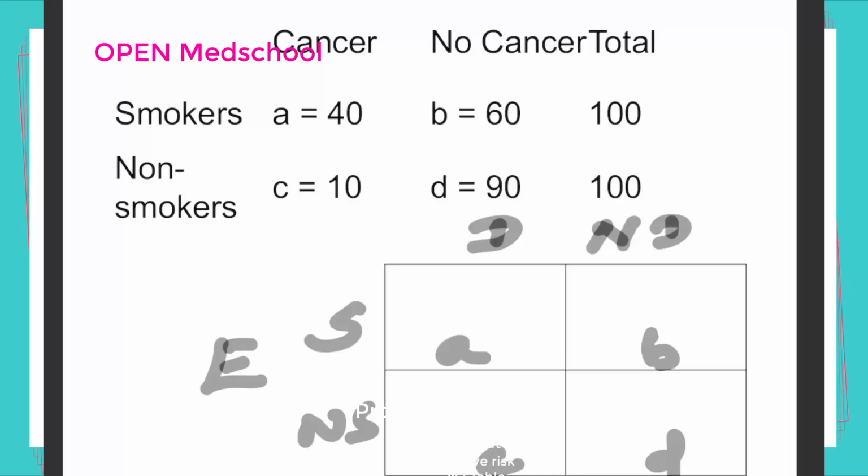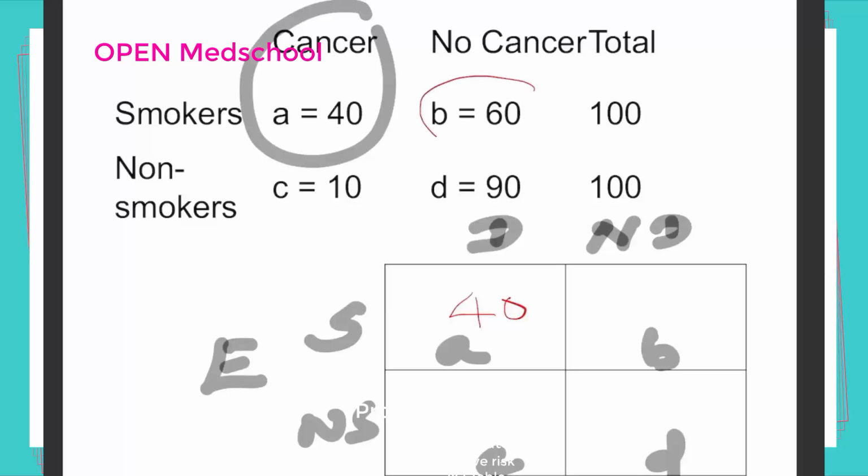So consider the smokers who developed cancer. Take the value, that was 40. And non-cancer patients who were non-smokers were 60. So that comes here, non-smokers.